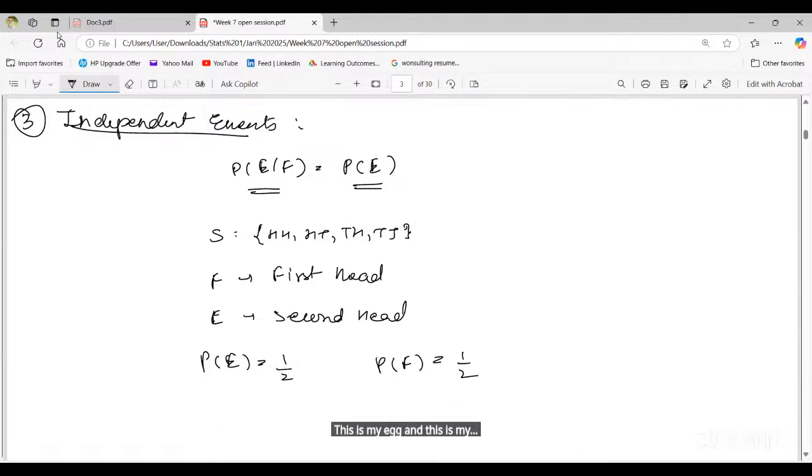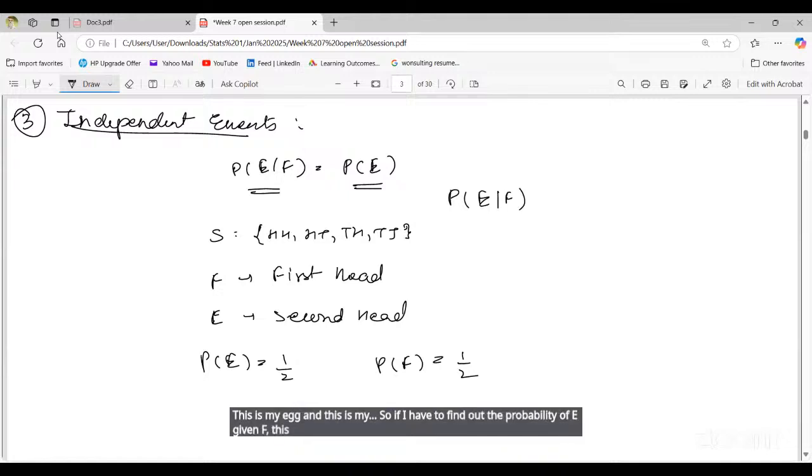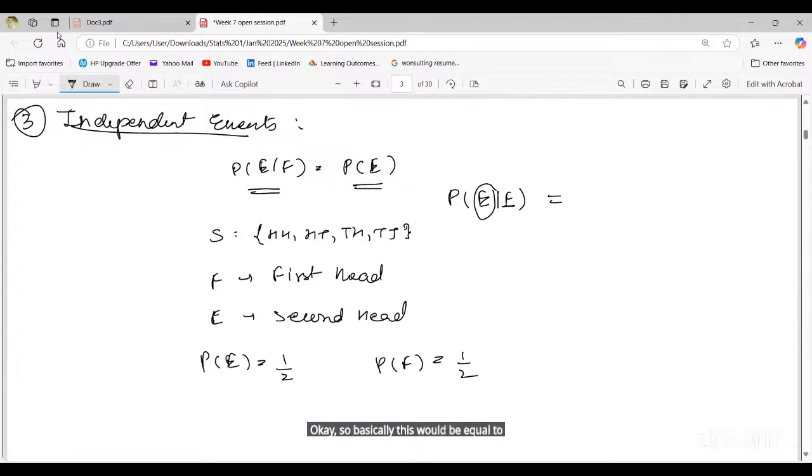So if I have to find out the probability of E given F, it is: what is the probability of getting a head in the second toss, given that in my first toss it was head? So this would be equal to 1/2 only, correct? And the probability of getting head in the second toss is also equal to 1/2 only.